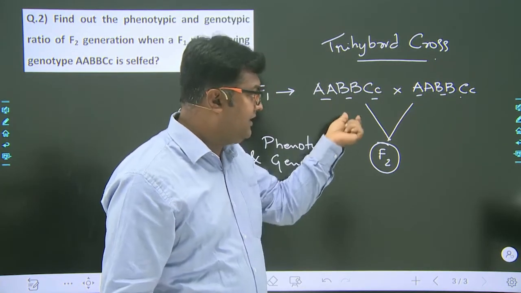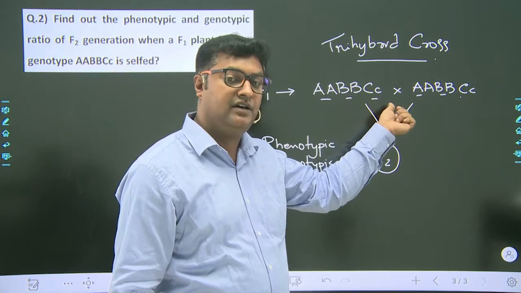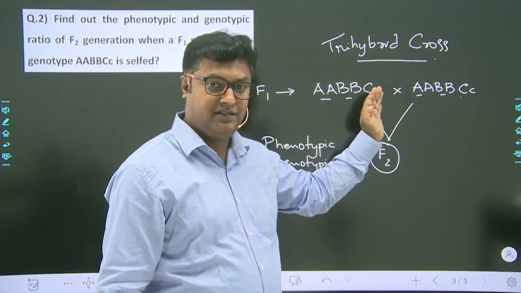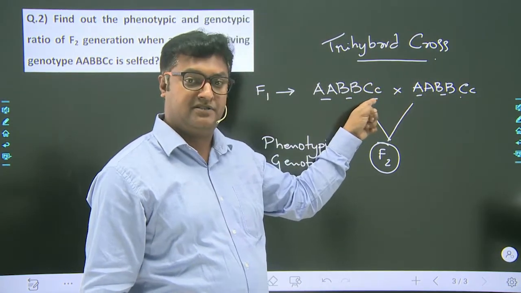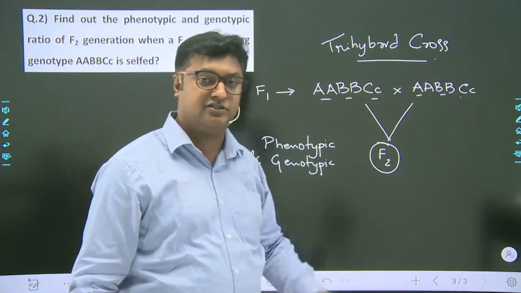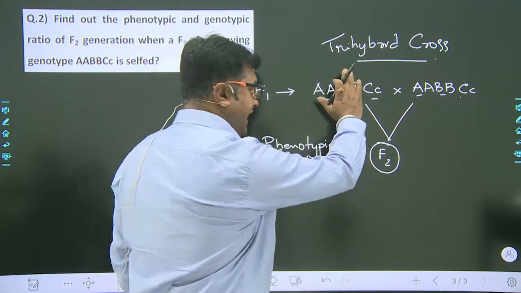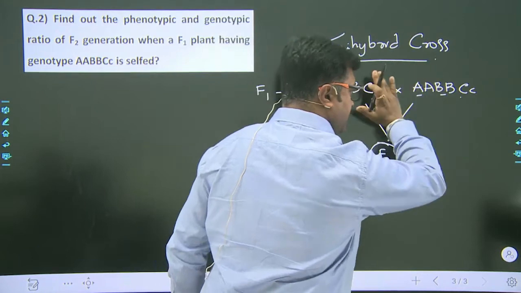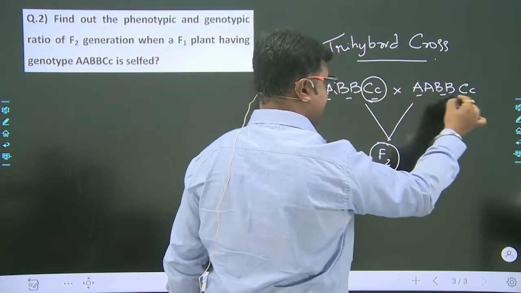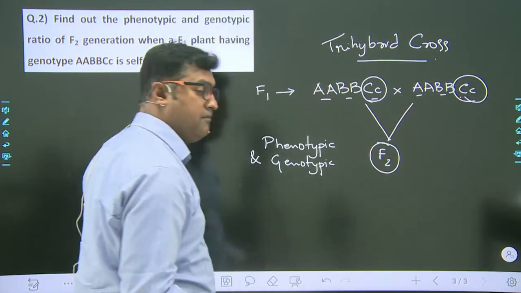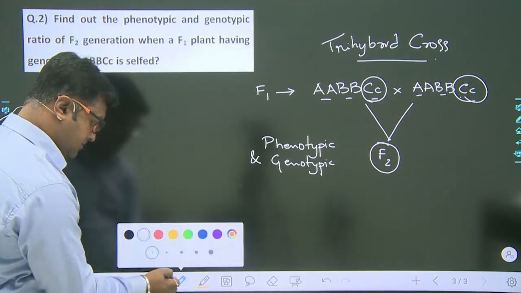So only the 3rd character is in heterozygous condition, denoted by capital C small c and capital C small c. If I omit this one, this can be a classical example of a monohybrid cross.